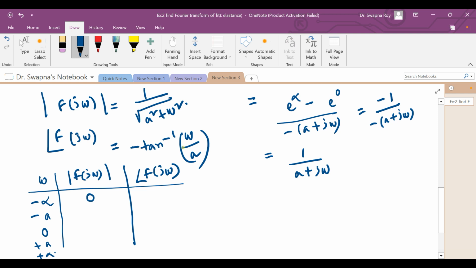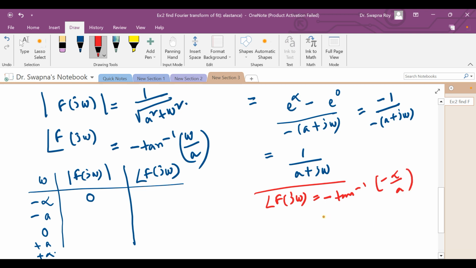I have taken omega equal to minus infinity, so the angle of F(j omega) is equal to minus tan inverse of minus infinity by a, which is minus (minus 90), so this is equal to plus 90 degrees.